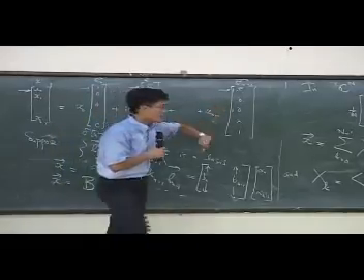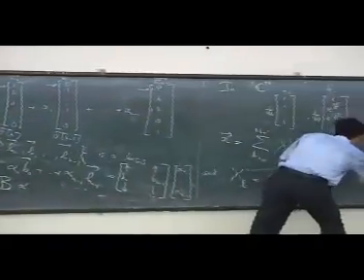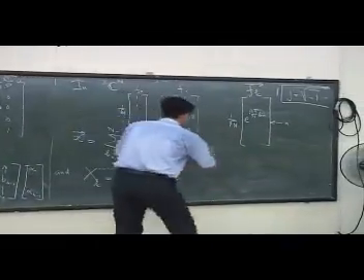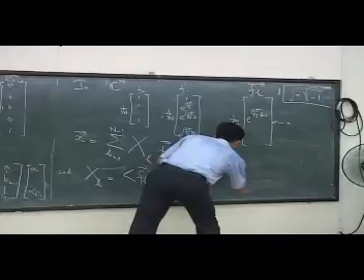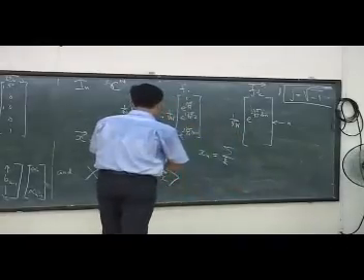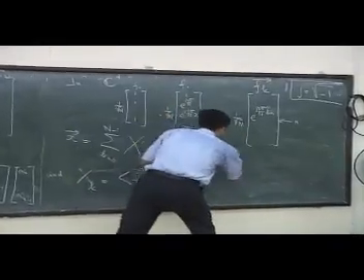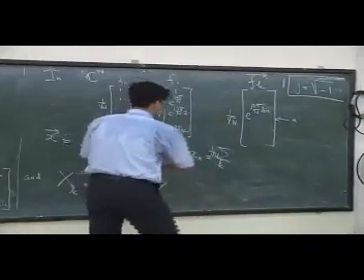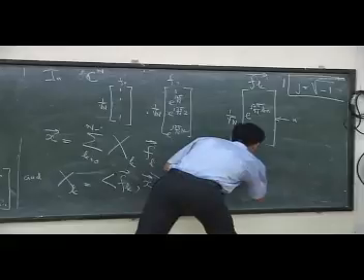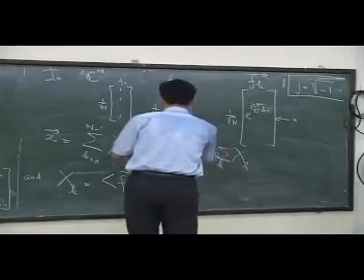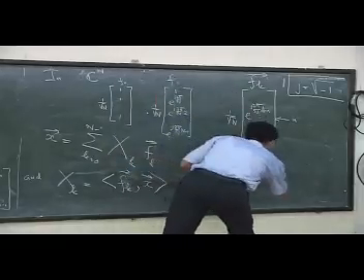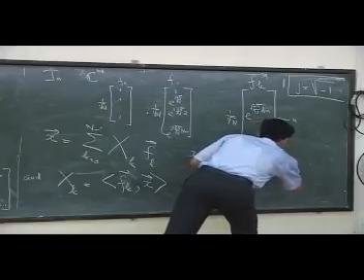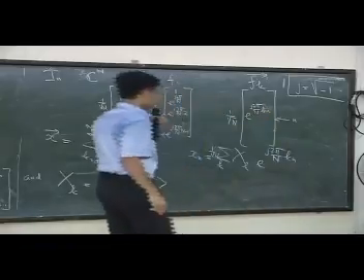And that means I can write x n simply as the summation over k, with 1 over square root of n outside, and inside I have xk, and the component of that is just e to the j 2 pi over n k n.